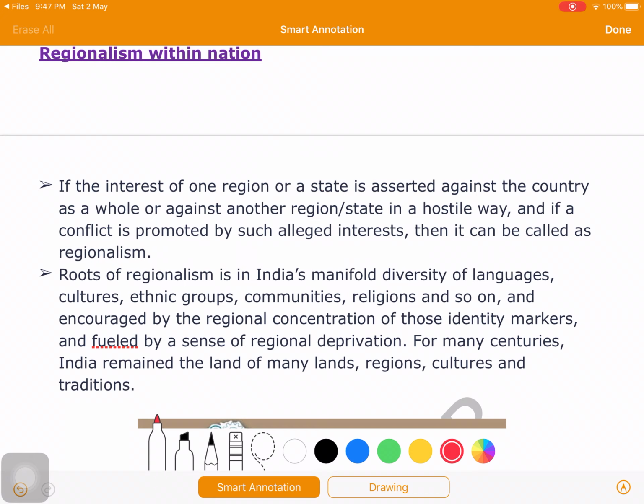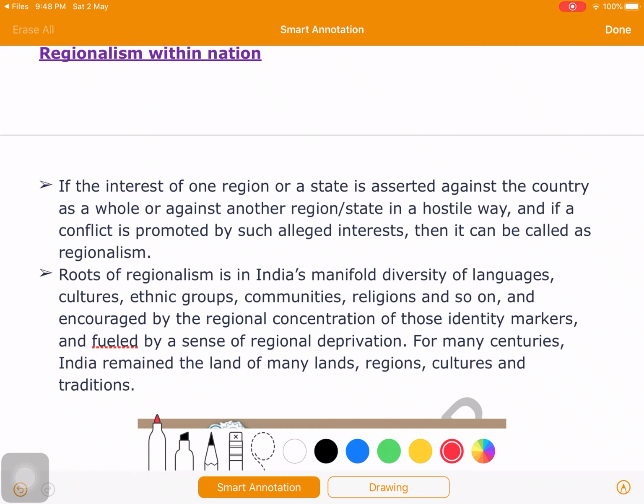And if someone is aspiring to make special efforts to develop one state or region, or to remove poverty and bring social justice, then that cannot be called regionalism. Please keep this point in your mind.